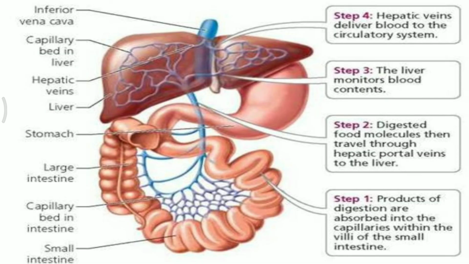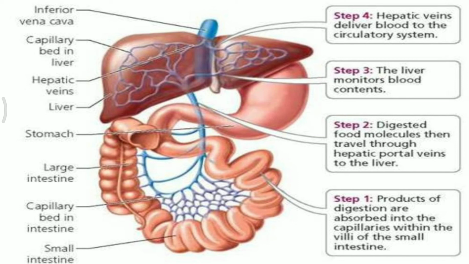Now, the same thing with a little elaboration. There are a few steps written. First step is that products of digestion are absorbed into the capillaries within the villi of the small intestine. If you remember assimilation, this is what happens. And which blood is absorbing these food particles? It is the deoxygenated blood. This deoxygenated blood moves to the liver through the hepatic portal vein.